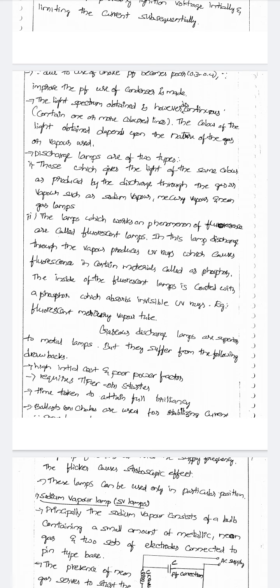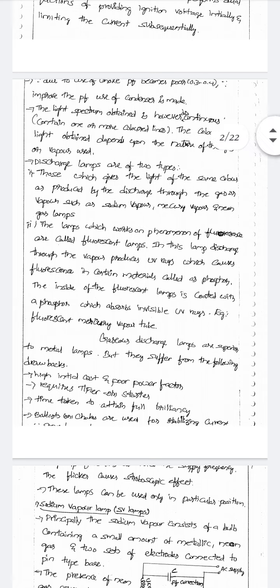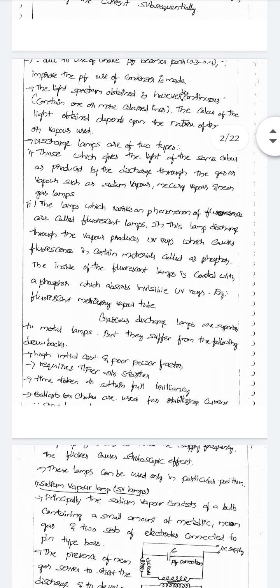Those which give light directly produced by the discharge through gases or vapors such as sodium vapor, mercury vapor, and gas lamps.